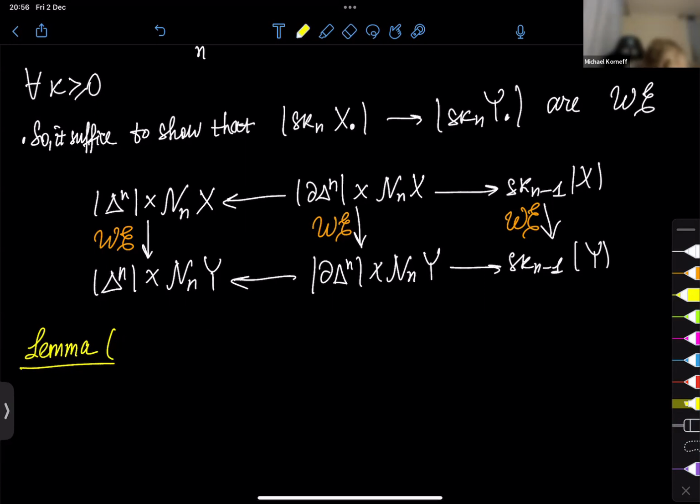I said that it describes local weak equivalences: weak equivalences have a local property.